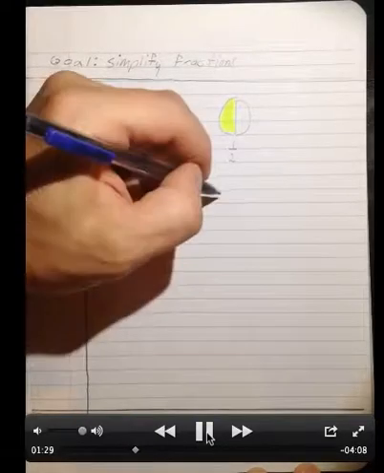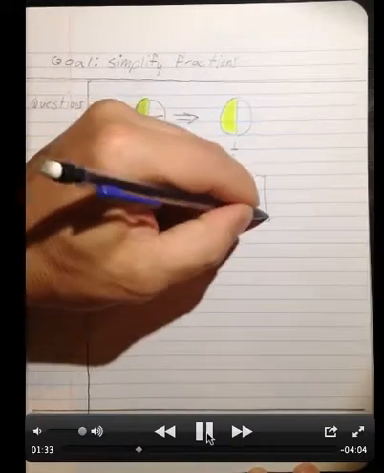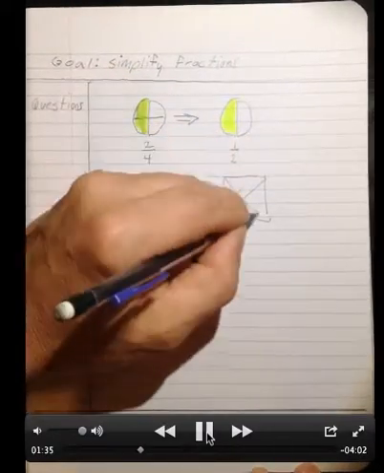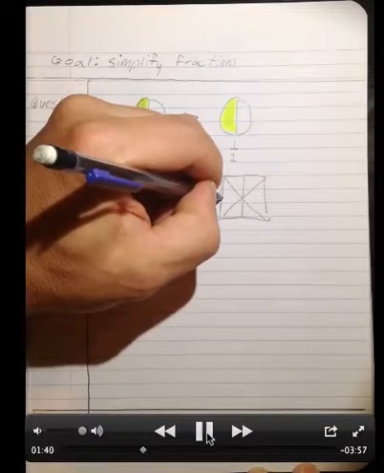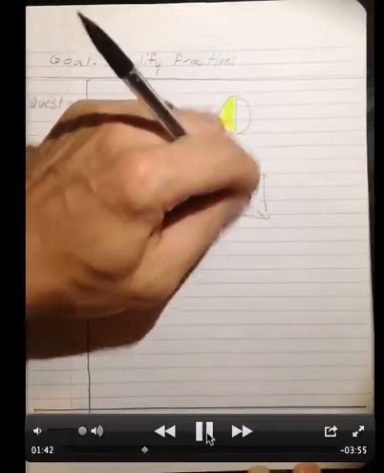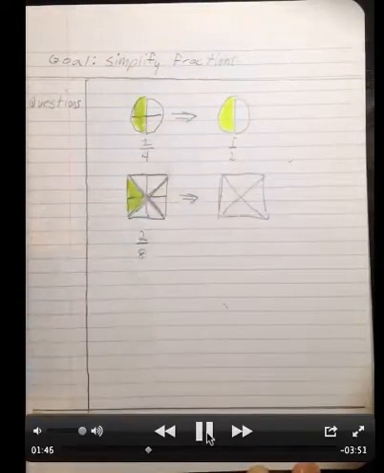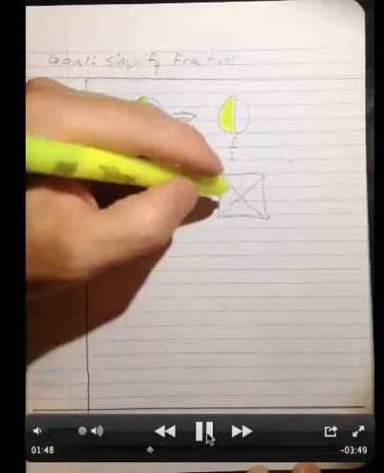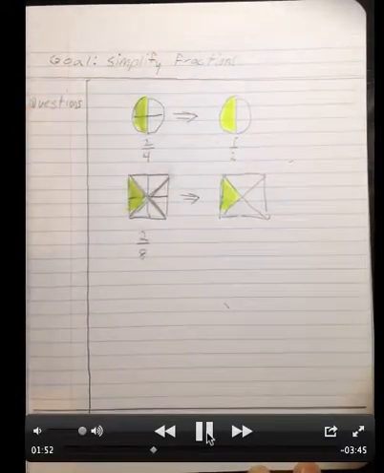We can represent this same fraction with a square, and instead of cutting it into 8 parts, we can just cut it into 4 parts, and shade just one of those 4 parts.